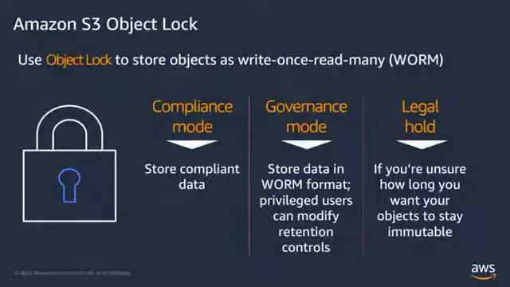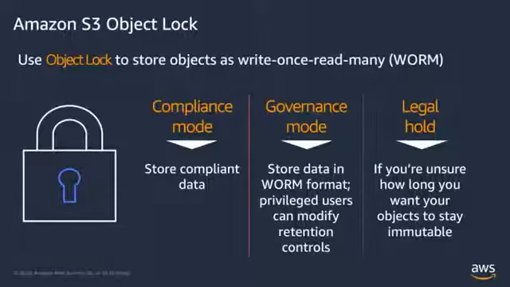So there are 2 modes of the retain until date protection, and they are governance mode and compliance mode. In governance mode, you can have a privileged user who can modify those retention controls if you find that you don't want to keep that object for the entire period that you have locked it for. But with compliance mode, you cannot.